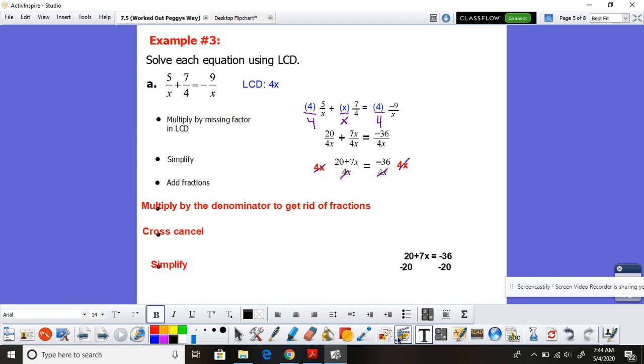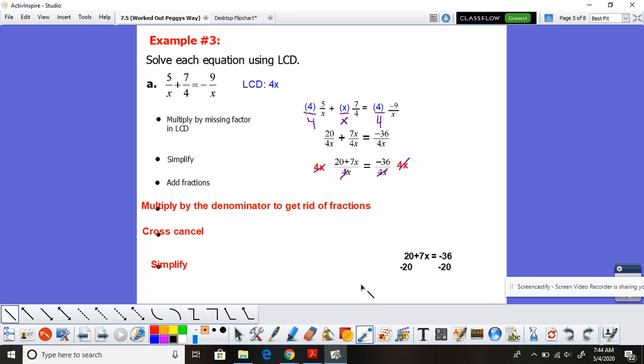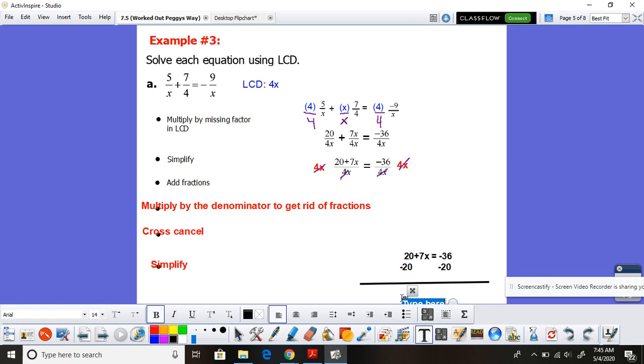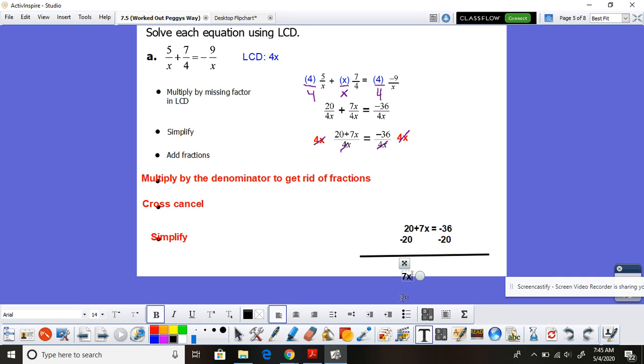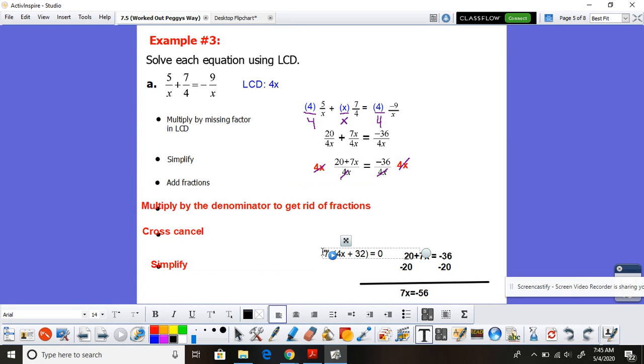And so then I'd be left with 7x equals negative 56. So 7x equals negative 56. So you divide by 7 on both sides and you get x equals negative 8.